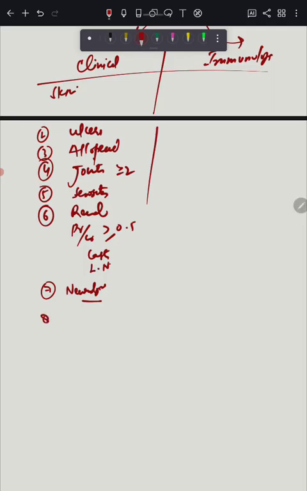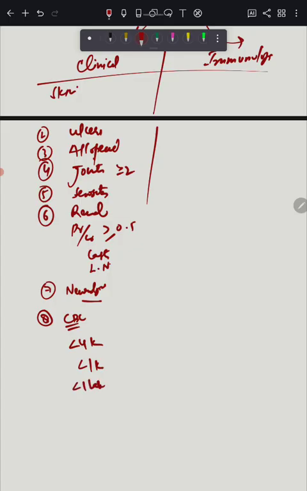Eighth can be, so we have to do CBC. Eighth manifestation you will see on CBC, although it is classified under clinical criteria. So one is leukopenia, a count of less than 4000 per microliter, or lymphopenia, that is less than 1000 per microliter, or thrombocytopenia, that's below 1 lakh.